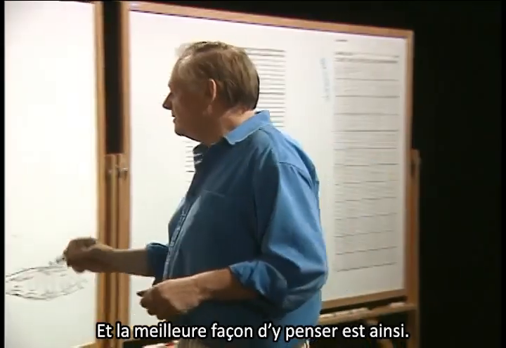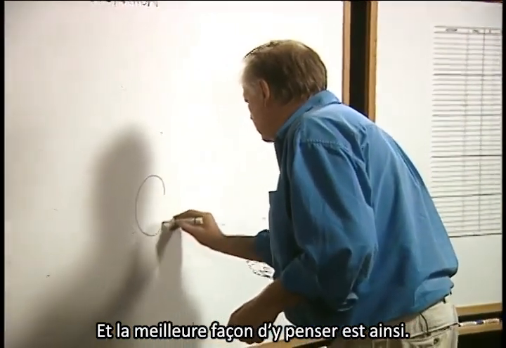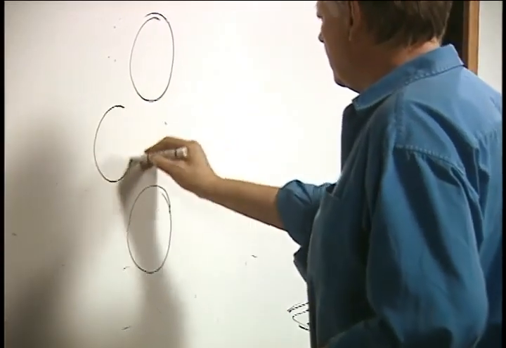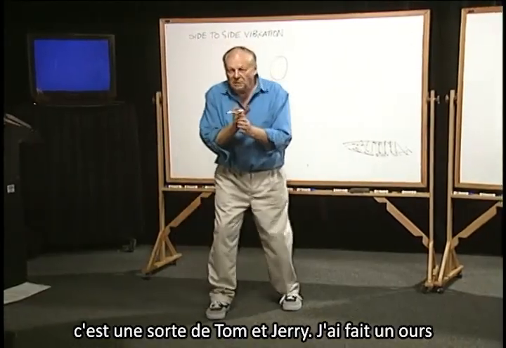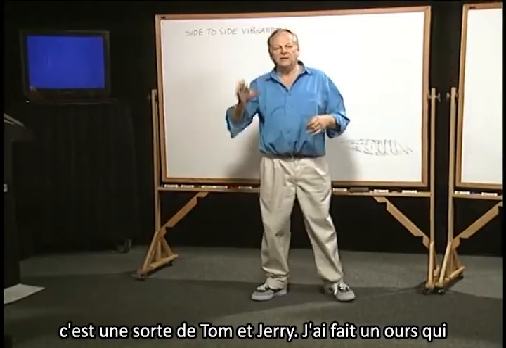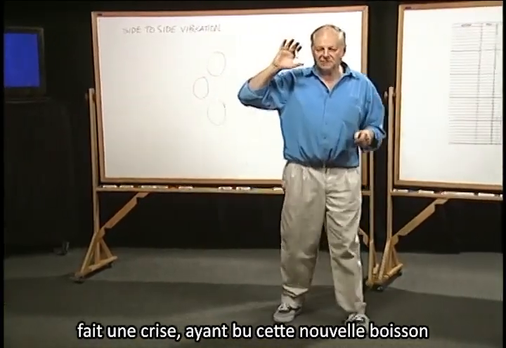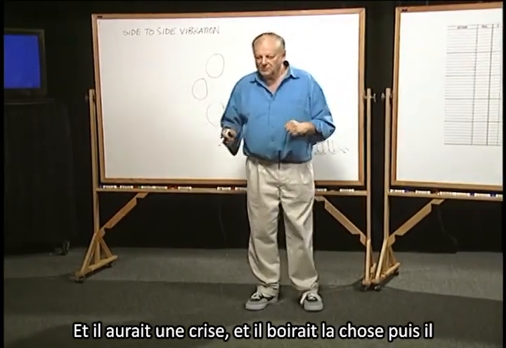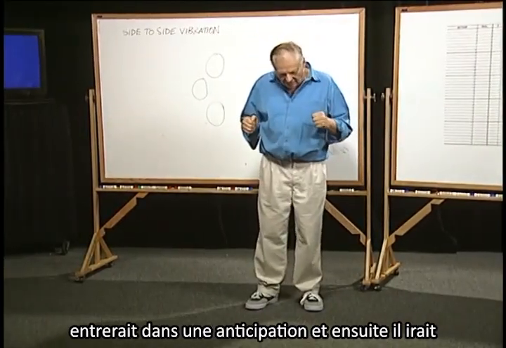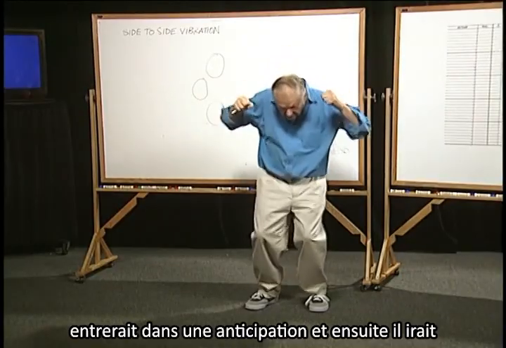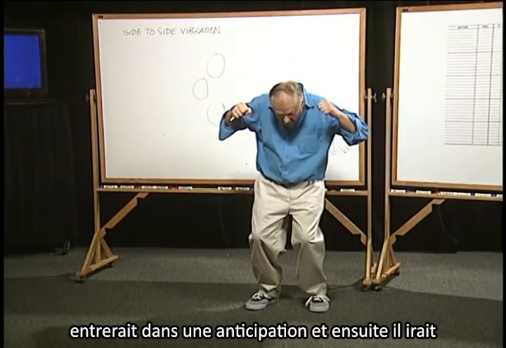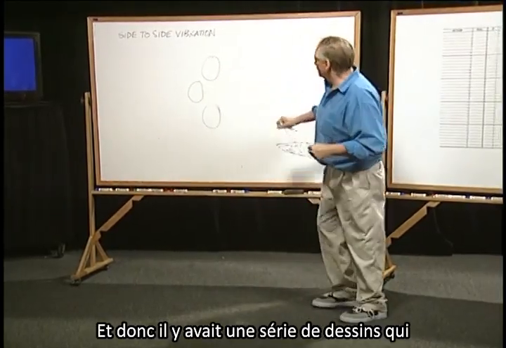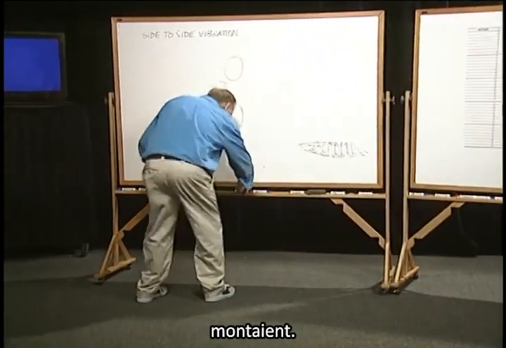And the best way to think of it is like this. It's a Tom and Jerry kind of thing. I did a bear having a fit, having drunk this new plastic drink they sold, and he would throw this fit, and he would drink the thing, and then he would go into an anticipate, and then he would go up to the top, and so there was a bunch of drawings going up.